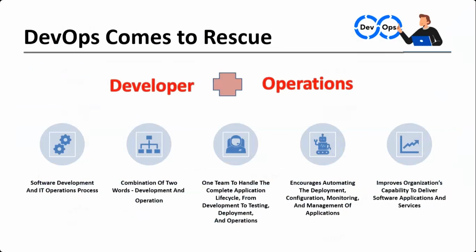So these integrate, as we know, the development and operation teams, fostering collaboration and leveraging automation. DevOps, in other words, leads to faster releases, higher quality products, and, most important, greater customer satisfaction.